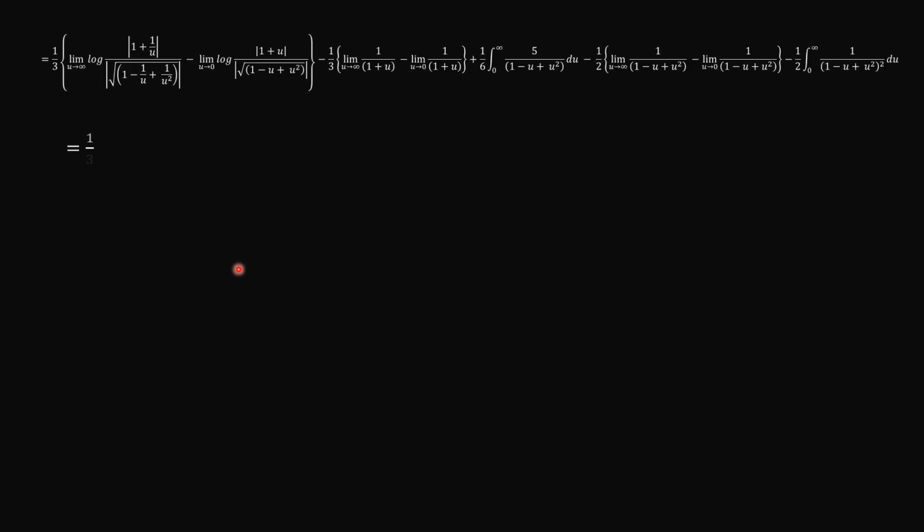So as we saw previously, as u tends to infinity, this becomes 0, and as u tends to 0, the first term becomes also 0. For the second term, as u tends to infinity, it's 0. As u tends to 0, that becomes 1.